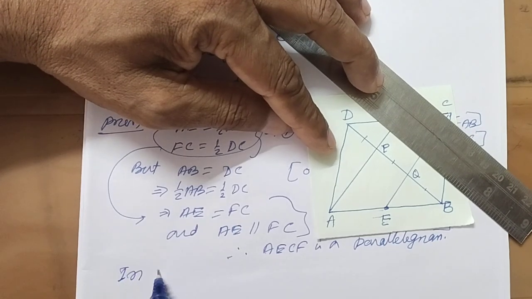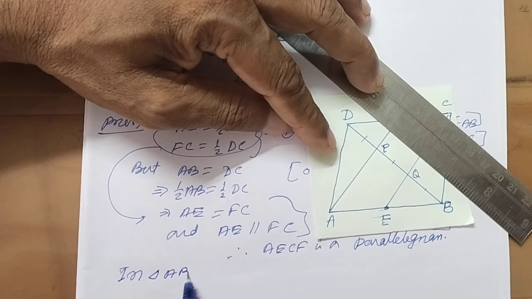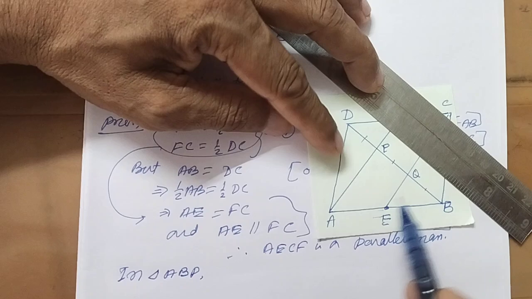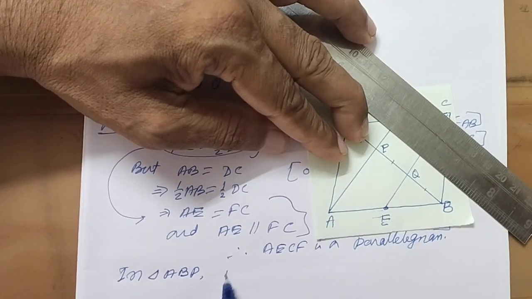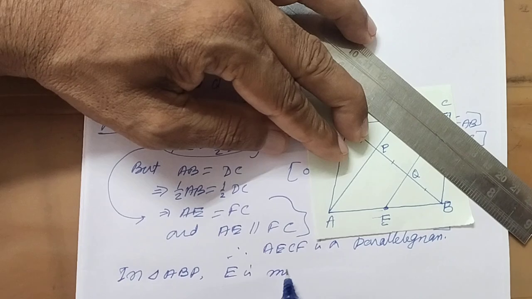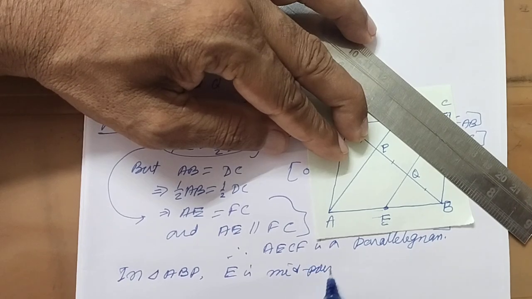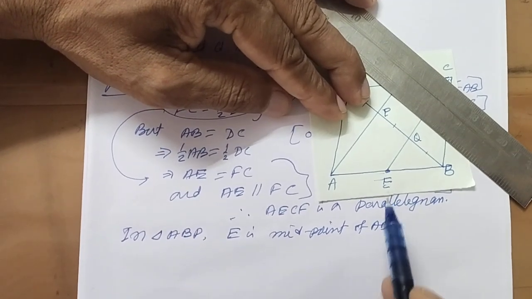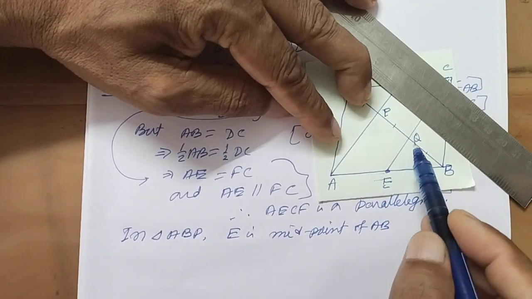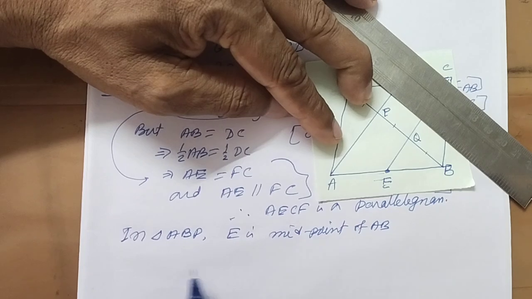In triangle ABP, E is midpoint of AB, it is given. And also EQ is parallel to AP.